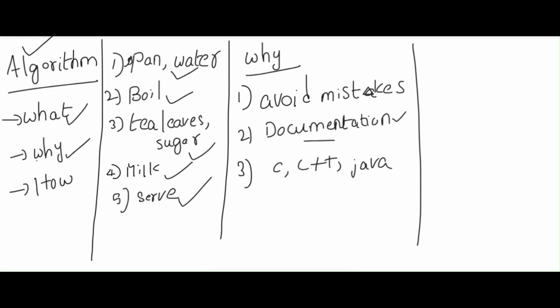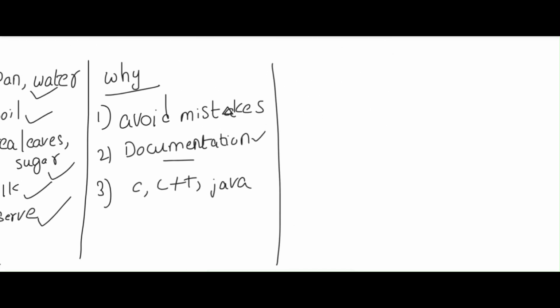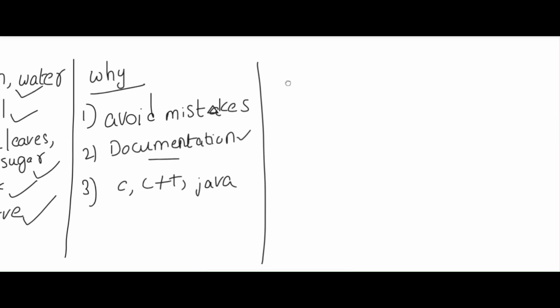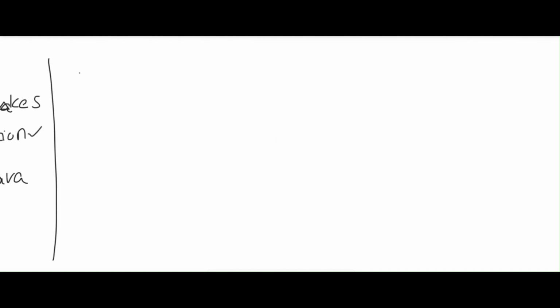Now we know why we need an algorithm. What is the last thing? How do we write an algorithm? Let's see how to write an algorithm first. If I ask you to write a program, you don't have to start the program right away.